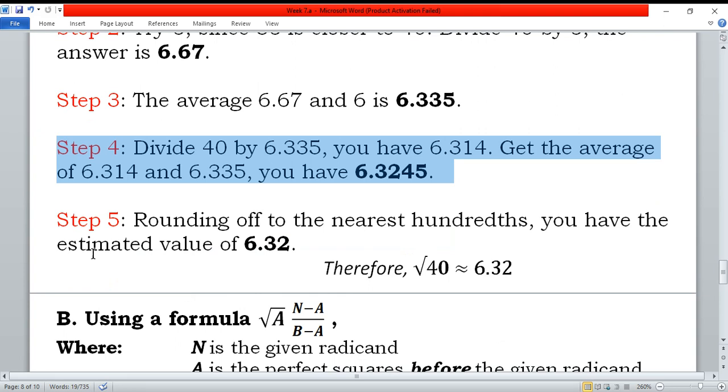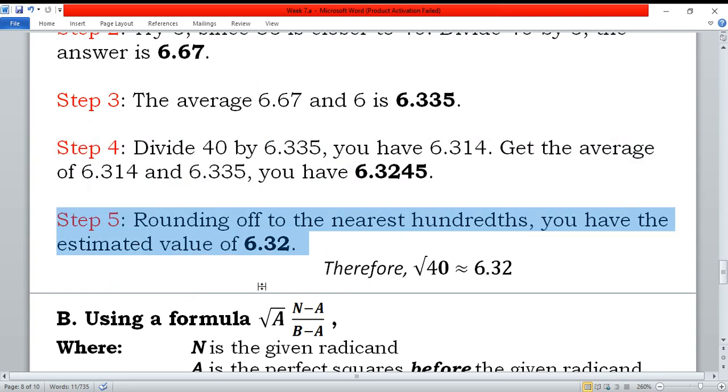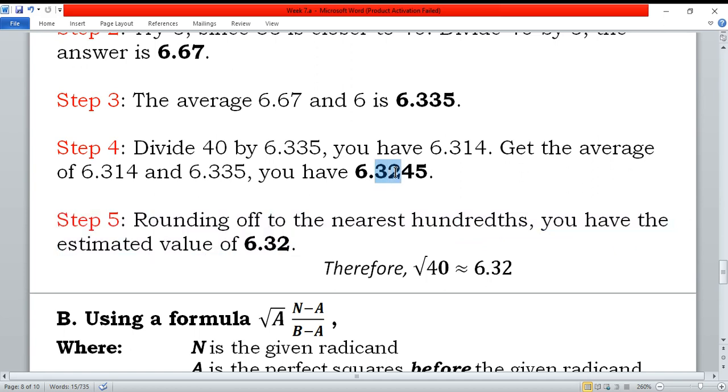Okay? Ayan. So, step 5. Step 5, dito tayo magde-decide sa pag-round off natin. Rounding off to the nearest hundredths, you have the estimated value of 6.32. Kung titignan natin yung nasa kanan ng 2, yung hundredths place, kung ang nasa kanan niya ay less than 5, mananatiling 2 pa rin ang number na i-round off natin.